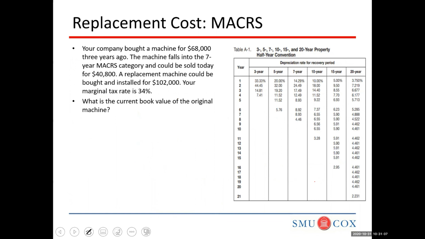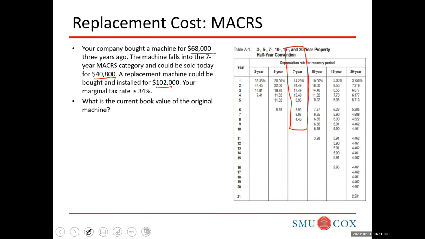A company bought a machine for $69,000 3 years ago. It falls into the 7-year depreciation category and can be sold today for $40,800. A replacement machine could be bought and installed for 102. What's the current book value of the original machine?